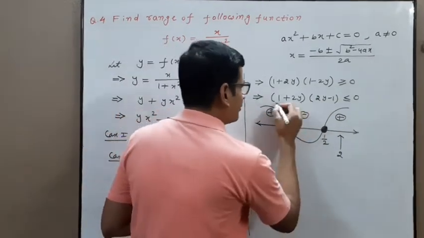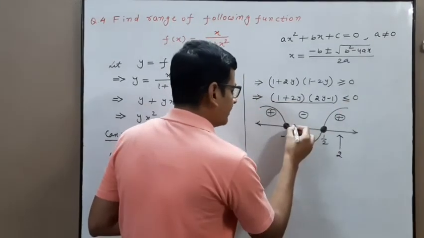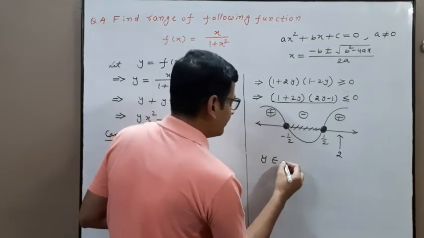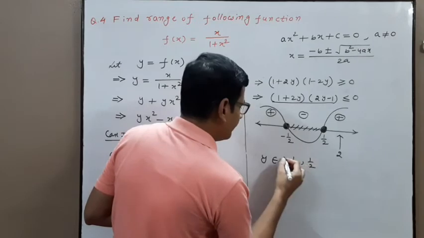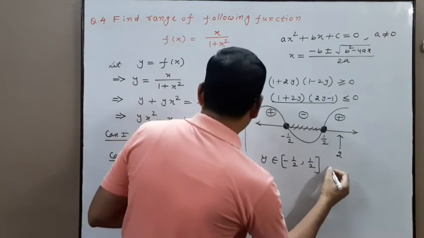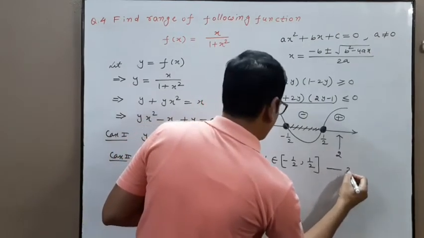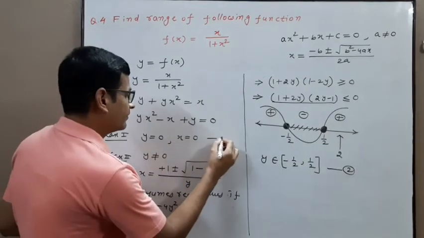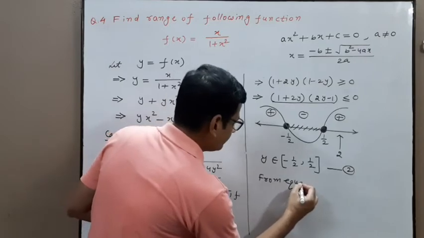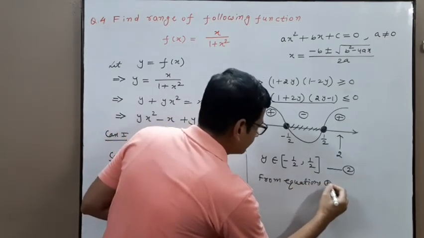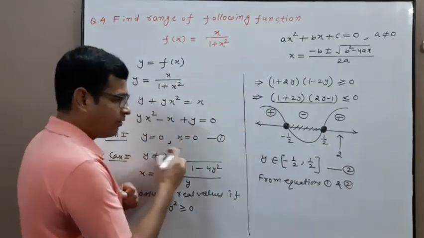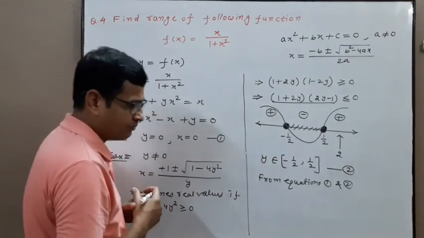So in which interval is the product of these two less than or equal to 0? This one. So y belongs to minus 1 by 2 to 1 by 2. Give equation number 2 here, and here give equation number 1. From equations 1 and 2, in equation 1, at x equal to 0, y equal to 0, already 0 is inside between minus 1 by 2 to 1 by 2.